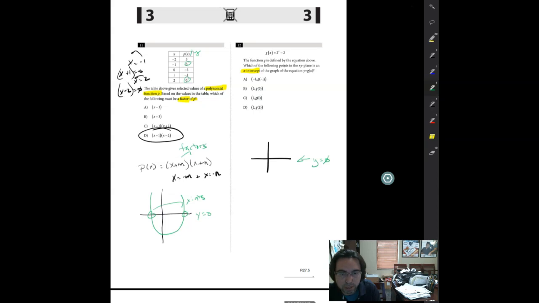As this thing crosses here, we know that y equals 0 there. Let's see here. So let me double check on this one. 12.